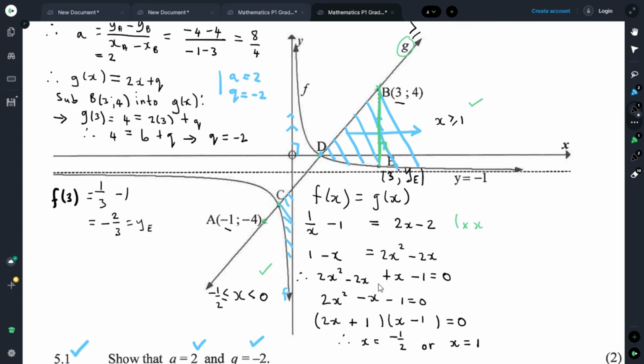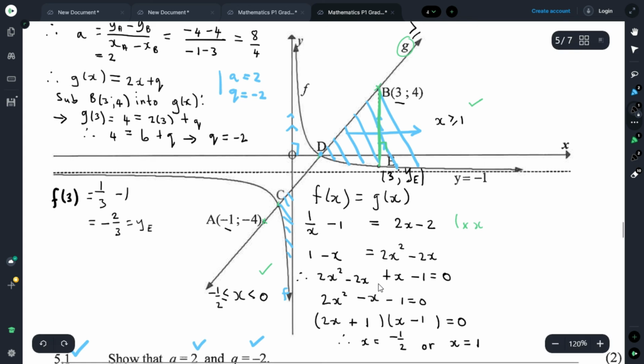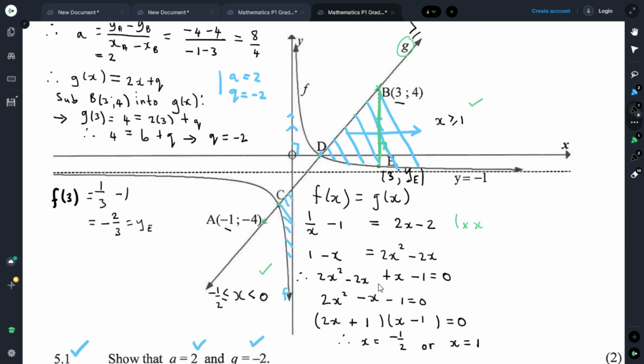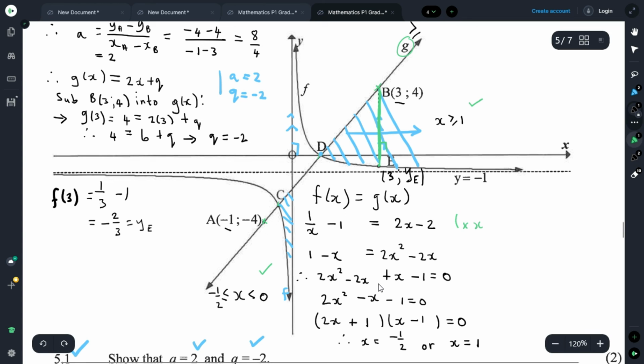So now we know the distance between this distance here from the x-axis. Let me just use black. Okay, this distance here is 4 units high, right?